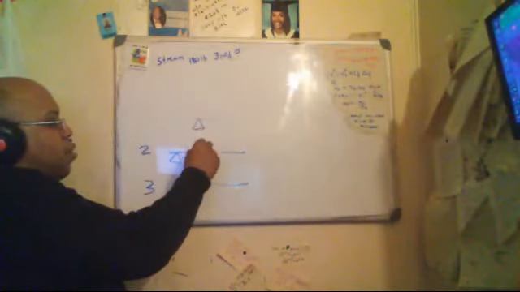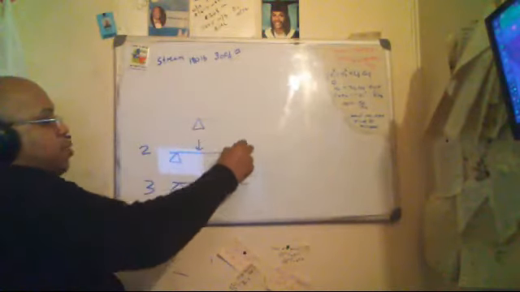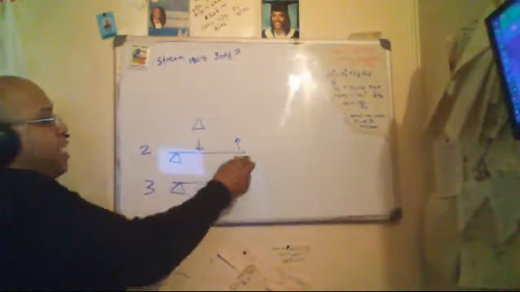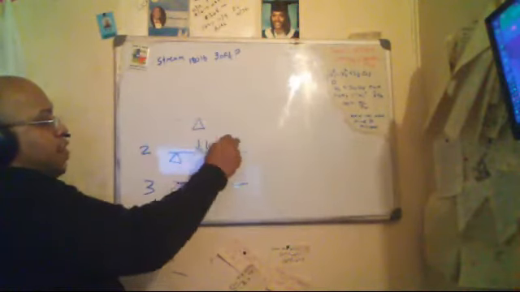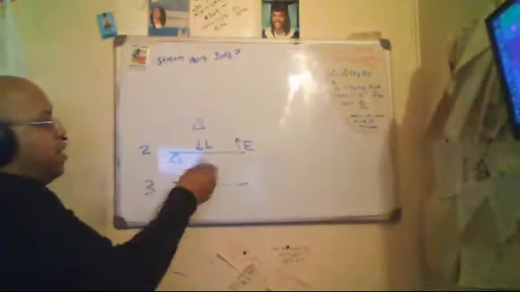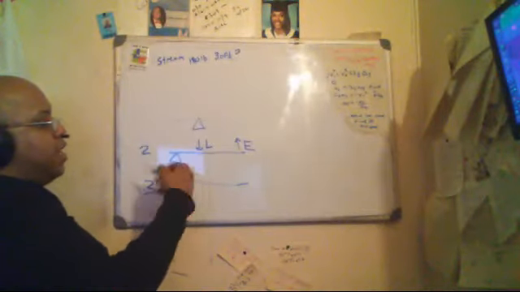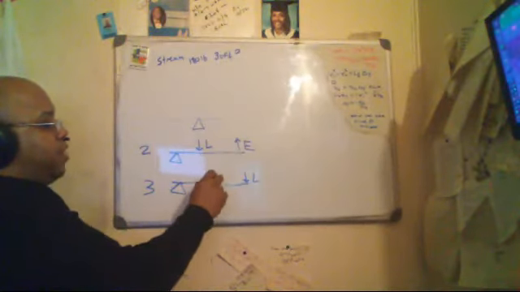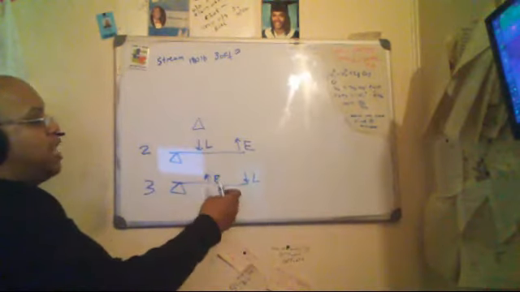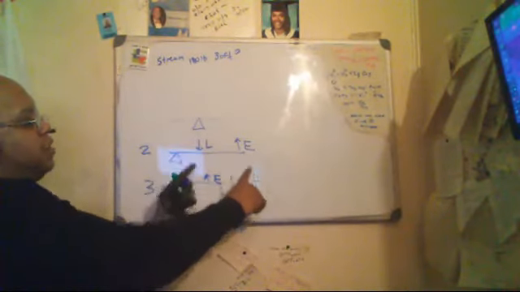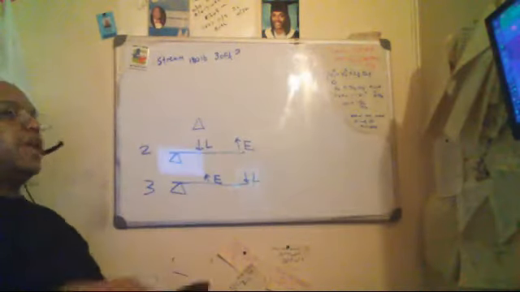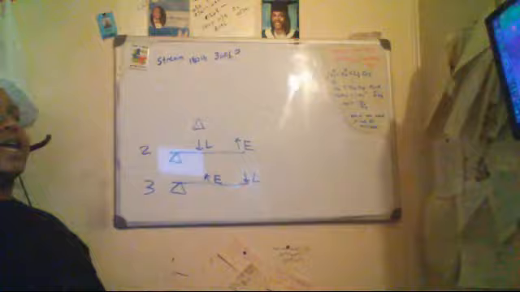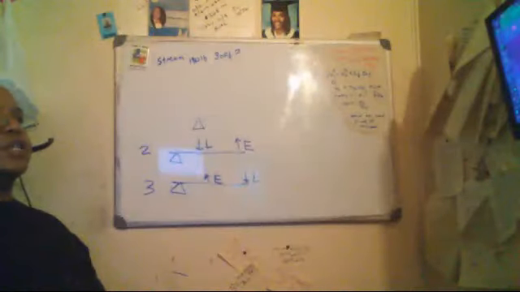The load acting downward will be in between the fulcrum and the effort. So we'll put L for load, E for effort, and the wheelbarrow is the best example of this. A catapult would have the load on the end and the effort here. So that is the difference. The effort and the load just swap positions. That is the difference between the second and the third class lever system.